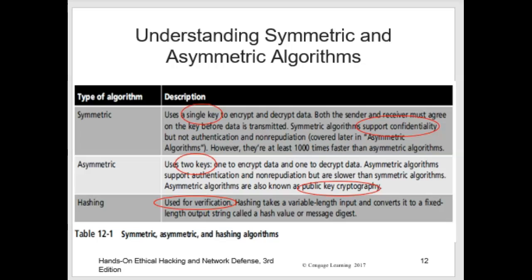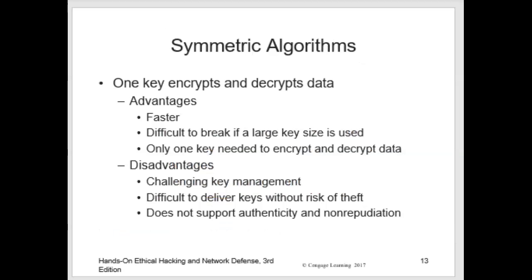And then the hash function is the third type, and this accepts an input message of any length, and through a one-way operation creates a fixed length output and creates a hash, or what we'll call later a message digest.